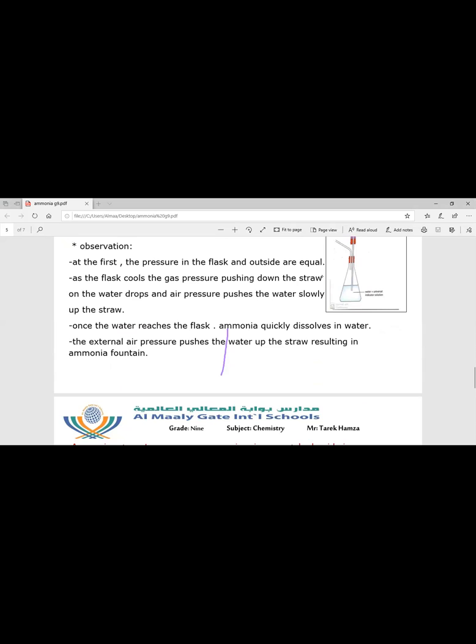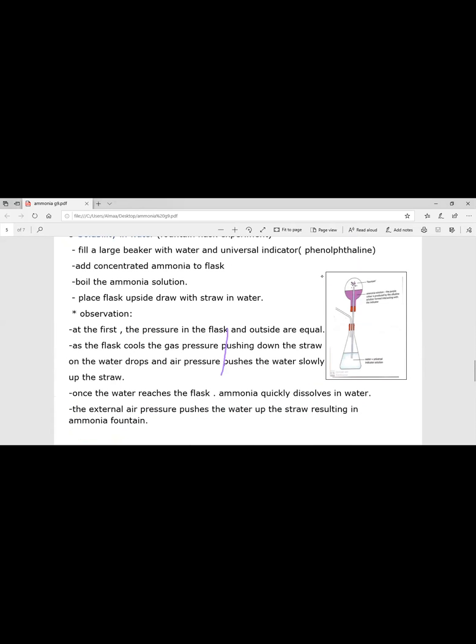Again, in this beaker put water and universal indicator like phenolphthalein, and in the flask put concentrated ammonia. Before putting it in this position, boil the ammonia solution.